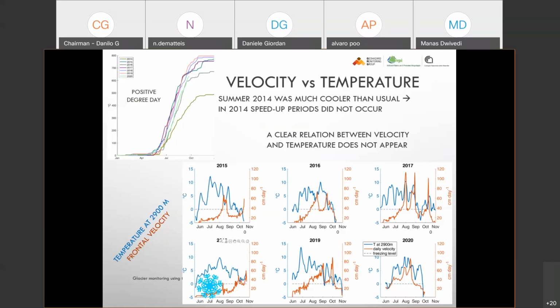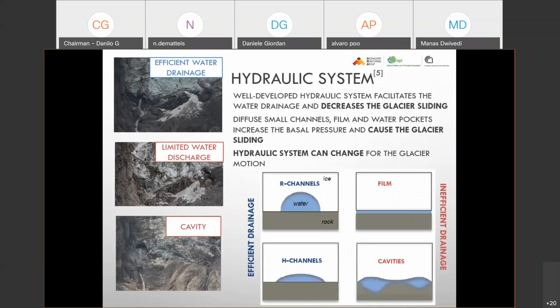But in reality, the key forcing of the glacier motion is the hydraulic system. In fact, a well-developed hydraulic system facilitates the water drainage, and therefore the basal pressure is lower and the friction is higher.